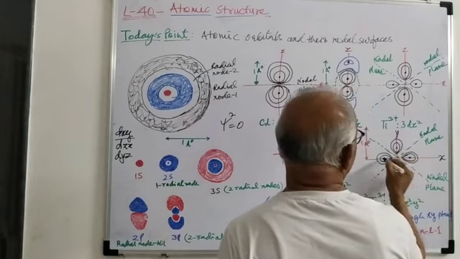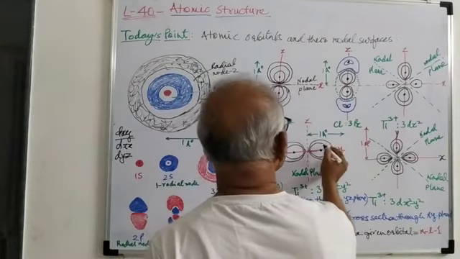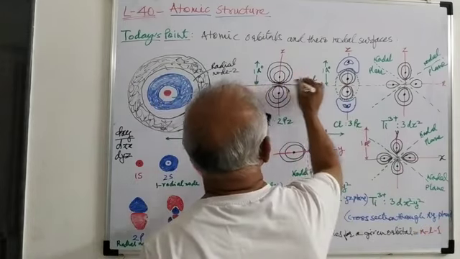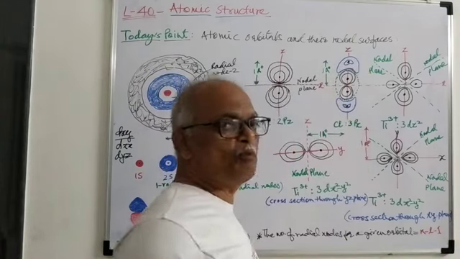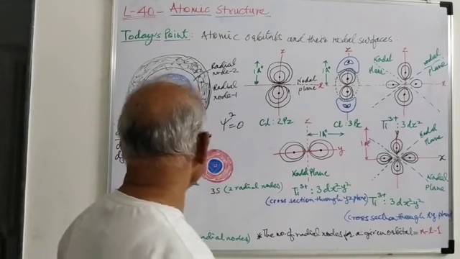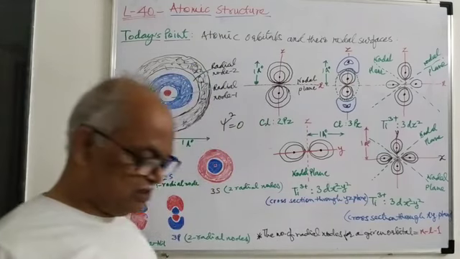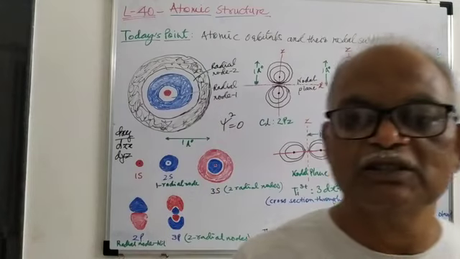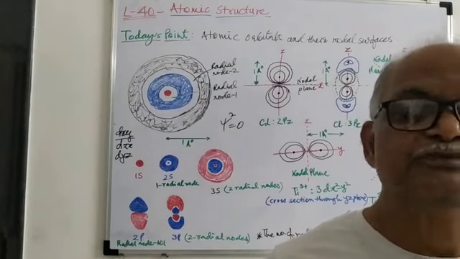So these are larger areas where electron densities are more. So these colored areas show the regions where electron density, that is chi-square, is maximum.